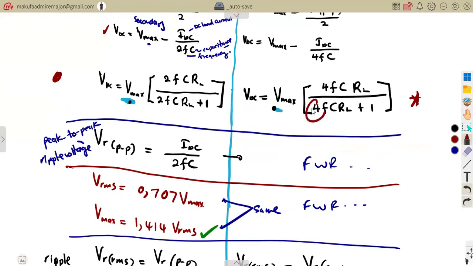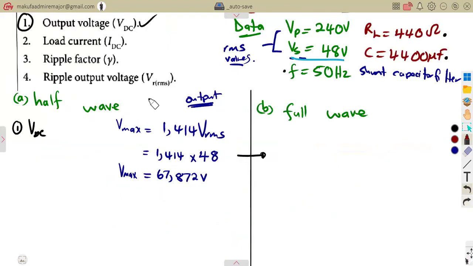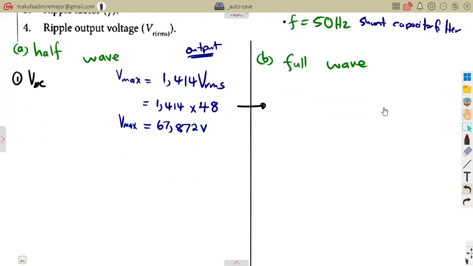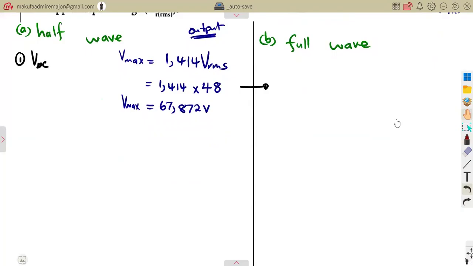On the side of a full wave, we are going to have a 4. So these are the two formulas that we are going to use differently because they are different, meaning we have got different values there. But the maximum value for both is going to be the same. So whatever you calculated here is the same as what you would have calculated on a full wave.